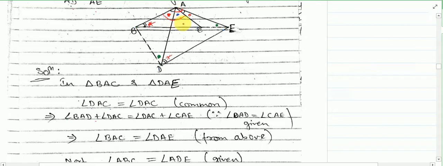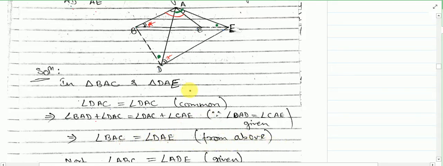Clear? So we get angle BAC, that means this angle, equal to this angle. So this is done. Angle BAC is equal to angle DAE.